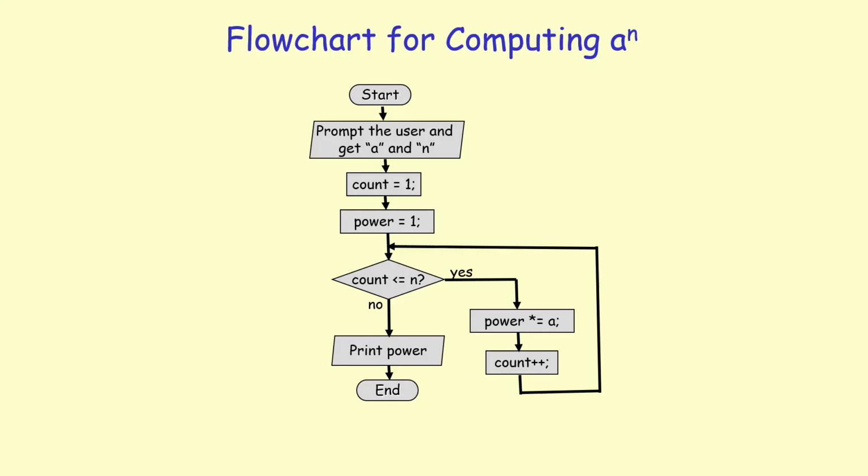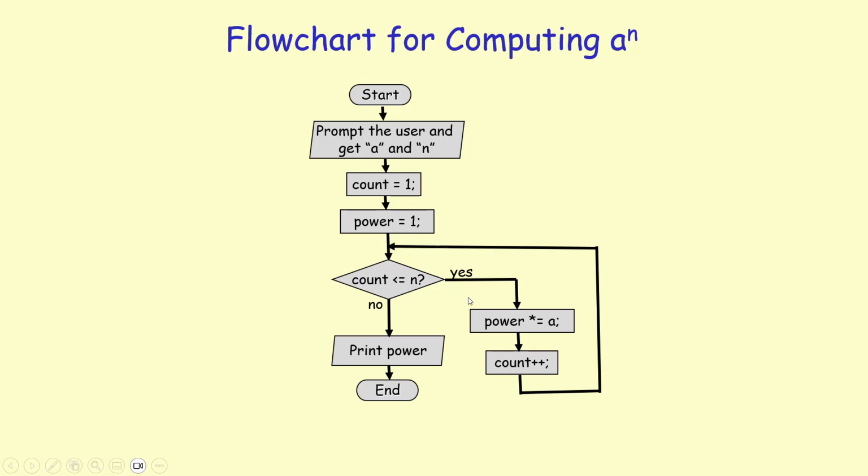Here is the flow chart of our algorithm. We start and prompt the user to get a and n, initialize our counter with 1, and power with 1. Remember, the power is our running power. It's a to the 0 in a sense at the beginning. This is our conditional expression or relational expression where we ask ourselves, have we multiplied power with a n times yet?